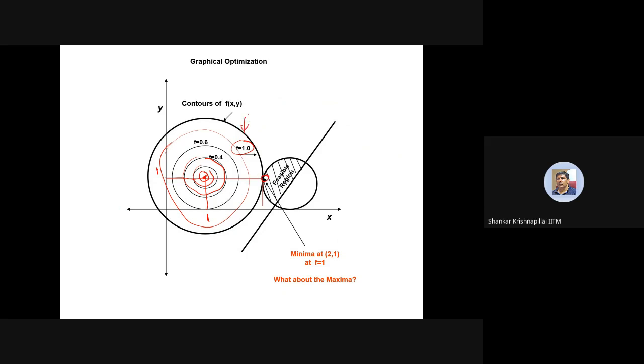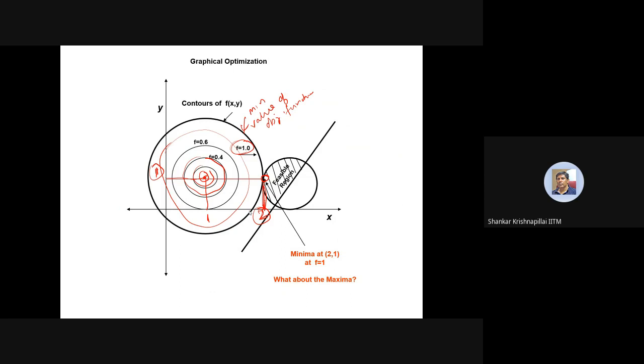So this is the minimum value of the objective function. The objective function value is 1 and the actual xy value is x equal to 2 and y equal to 1.